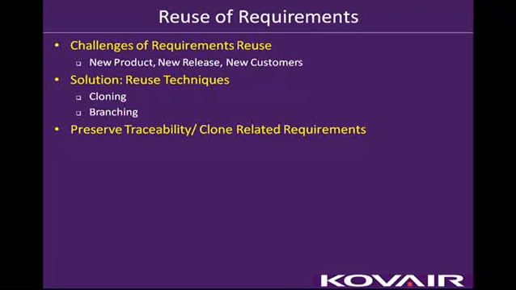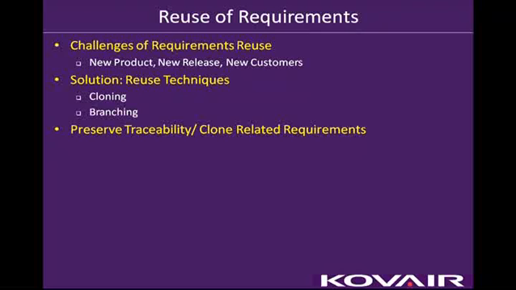But when you are doing both cloning and branching, you should be able to preserve the traceability if necessary, or clone the related requirements if necessary. So let me make an example. So I am cloning requirement number 5. Now I should have an option to create the clone, which is requirement number 20 or 200 or whatever, automatically related to all those other requirements and all those other items which are already related to requirement number 5.